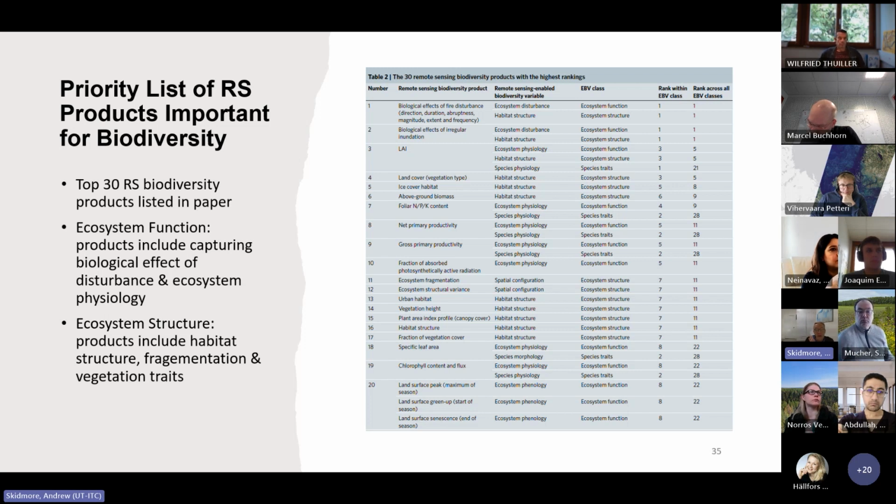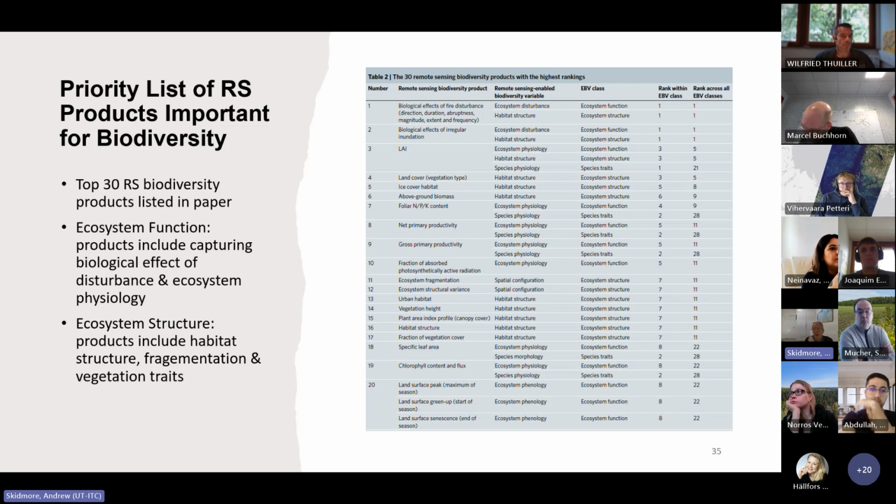And here you see the top 30 biodiversity products which were listed in the paper. What's interesting is that, for instance, what came out as highest priority are things like what we called biological effects of fire disturbance and biological effects of irregular inundation.